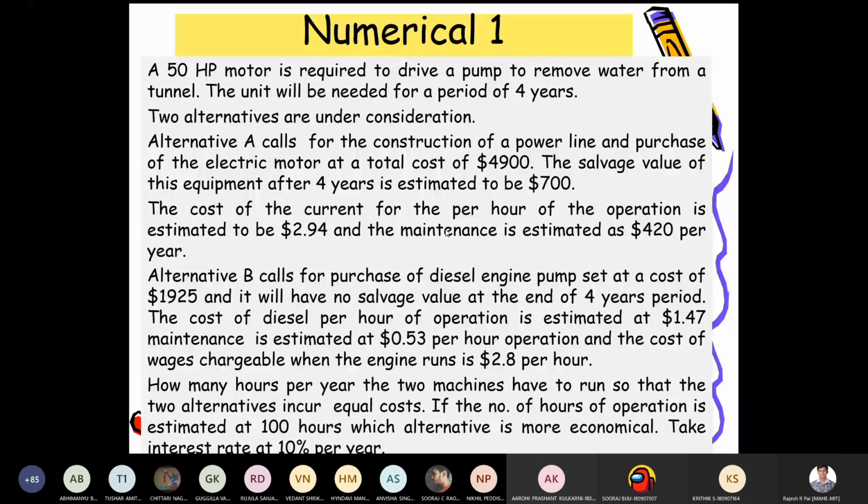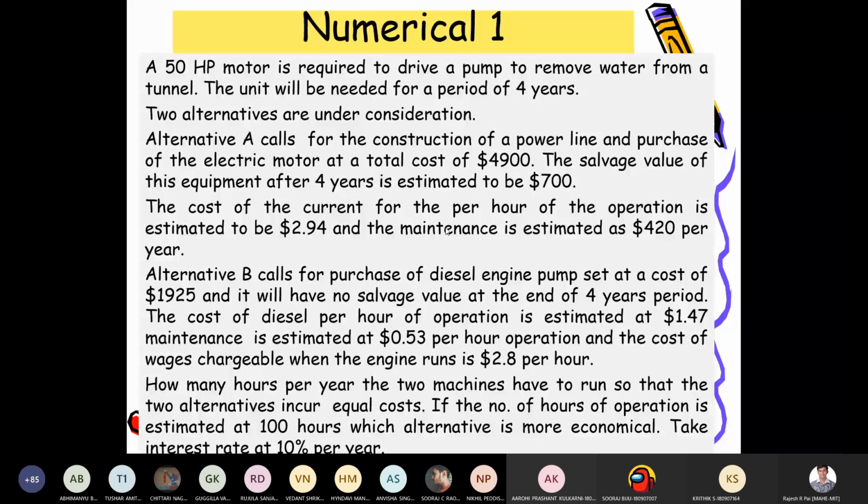So here in this numerical, to remove water from a tunnel, a 50 HP motor is required, and the motor is needed for a period of 4 years. For this there are two alternatives, and the cost parameters of both alternatives have been given.